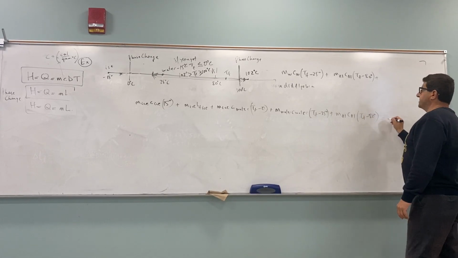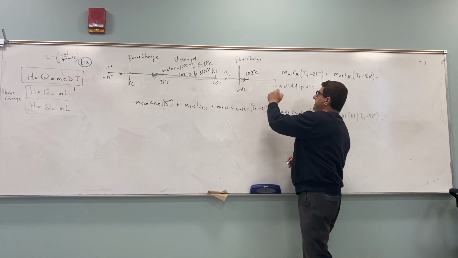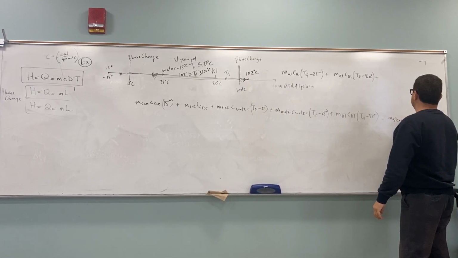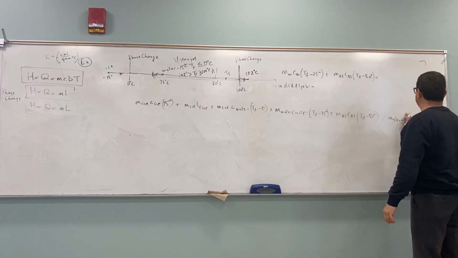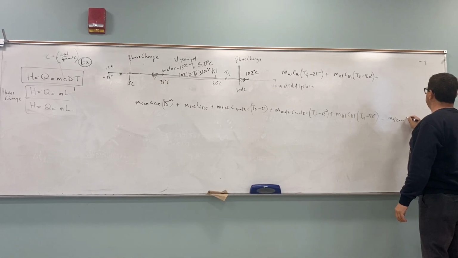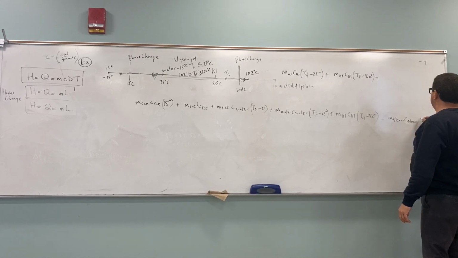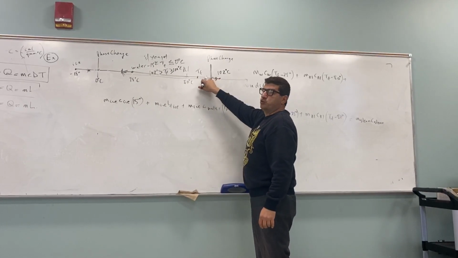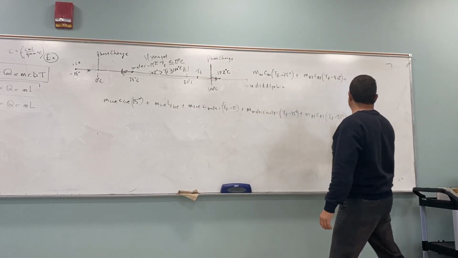And then that's equal to mass of the steam, specific heat of steam, the change in temperature of the steam is from what? 102 to 100, so that's 2, right?